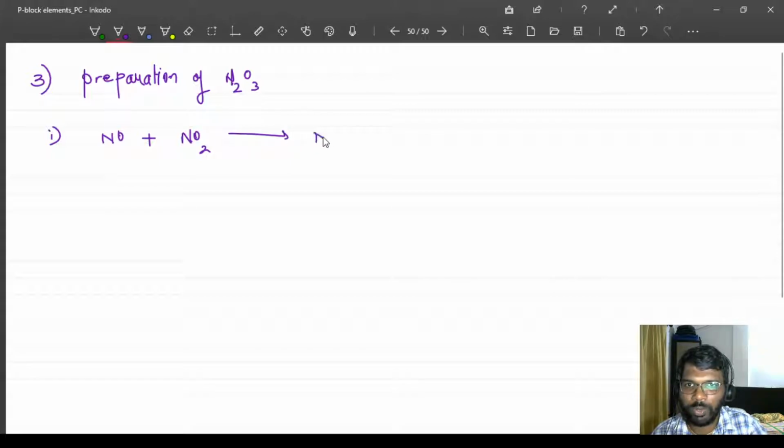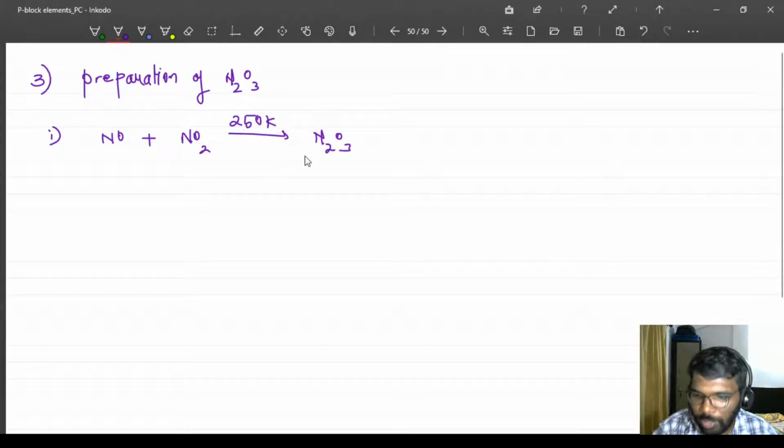What is it going to give? There is nothing as simple as this reaction, and you will require a certain temperature, 250 Kelvin is enough. Here, N2O4, sorry, N2O3 you are getting, right? This is the N2O3.